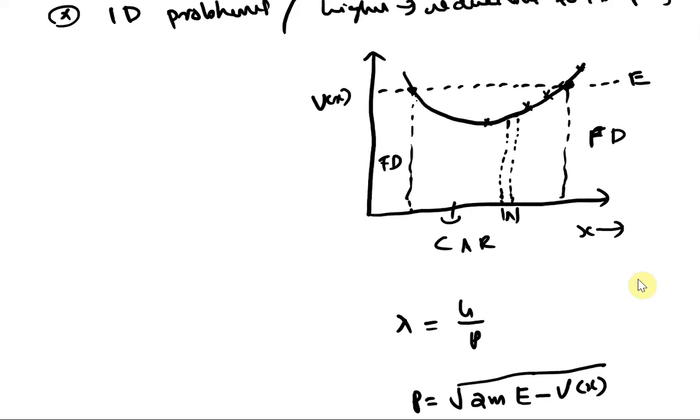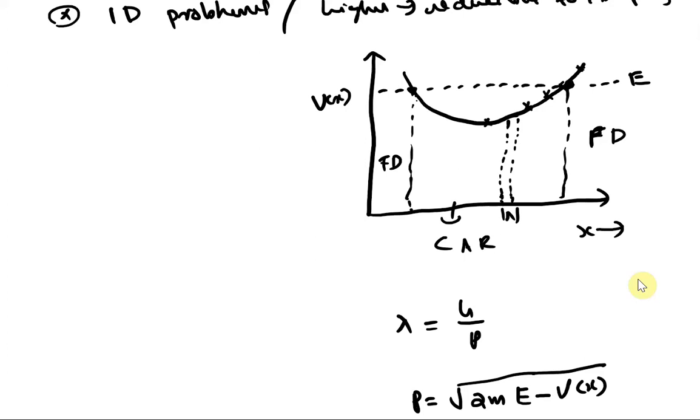Or if the lambda is even smaller, you'll have multiple lambdas covering a constant potential region. In that case, we'll call this a slowly varying potential, because the potential is kind of constant over a de Broglie wavelength kind of separation.